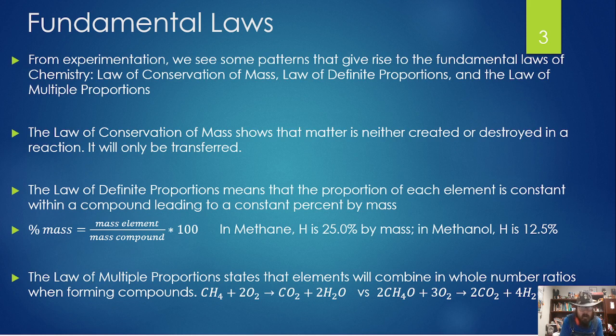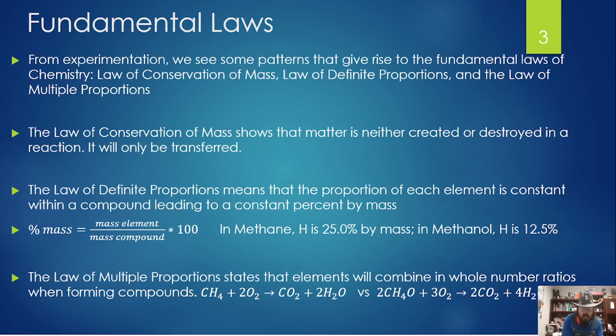So different compounds have different percentages. And the law of multiple proportions simply states that elements will combine in simple whole number ratios when they form a compound. So one methane molecule and 2 oxygen molecules will react to form 1 CO2 molecule and 2 water molecules.